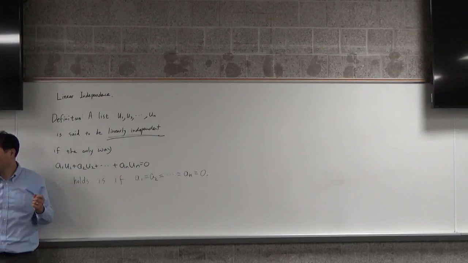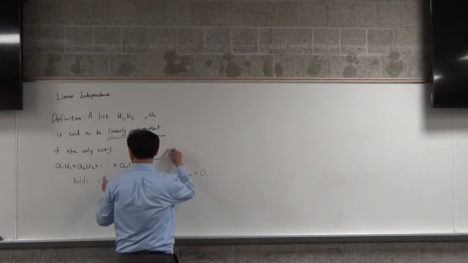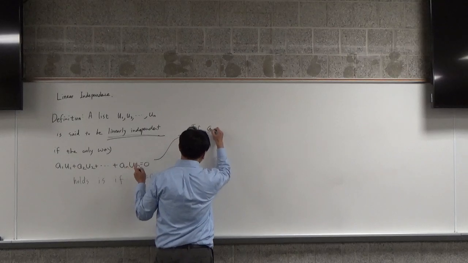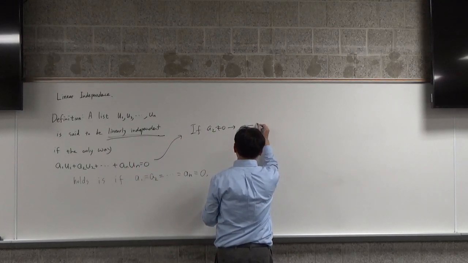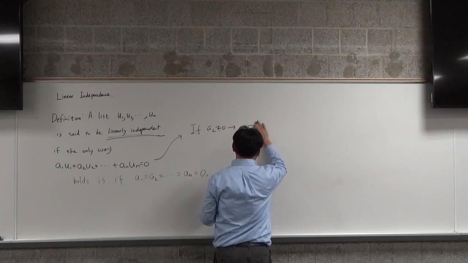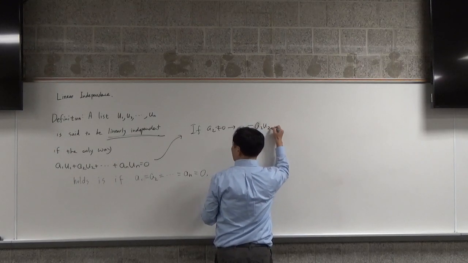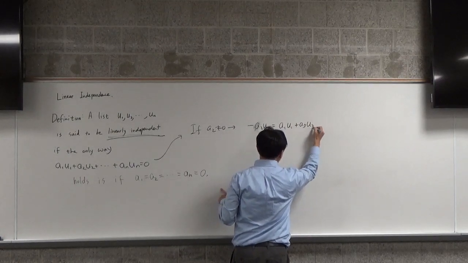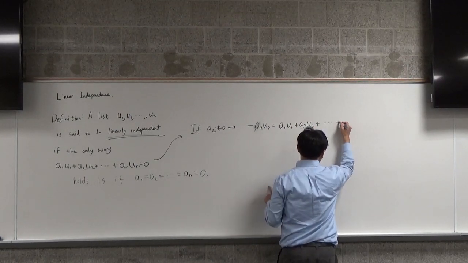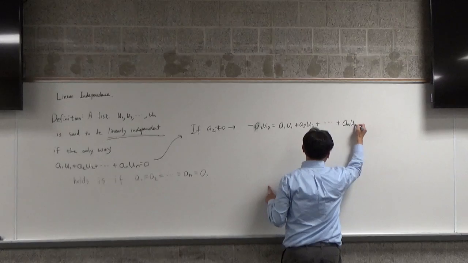Right? You see my point? If a2 is non-zero, then you can say negative a2 u2 is equal to a1 u1 plus a3 u3 plus an un.